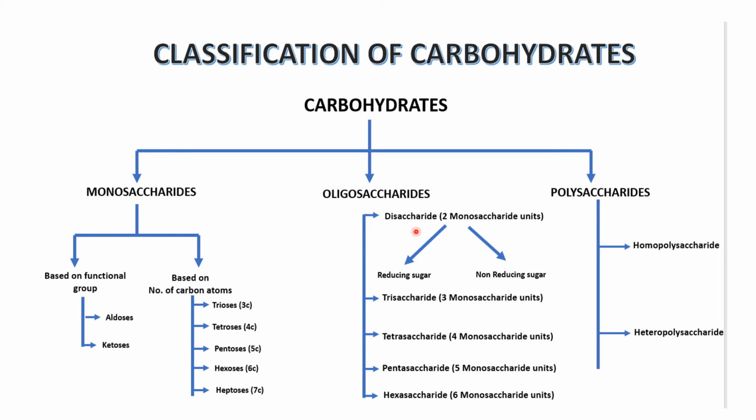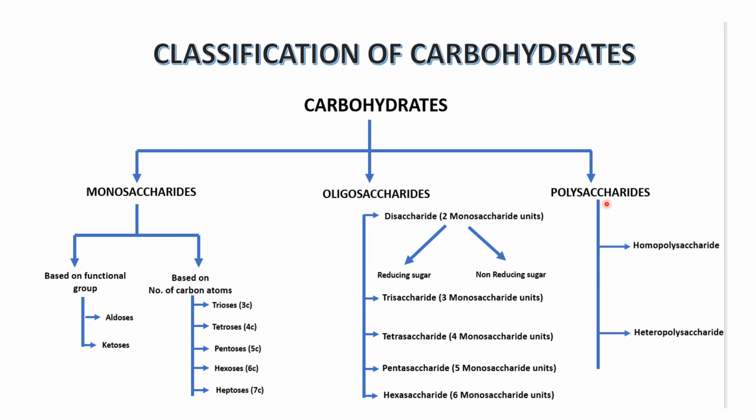Disaccharides contain 2 monosaccharide units and they are subdivided into reducing sugars and non-reducing sugars. Reducing sugar has at least one free functional group, that is either aldehyde or ketone, whereas in non-reducing sugar there will be no free functional group.